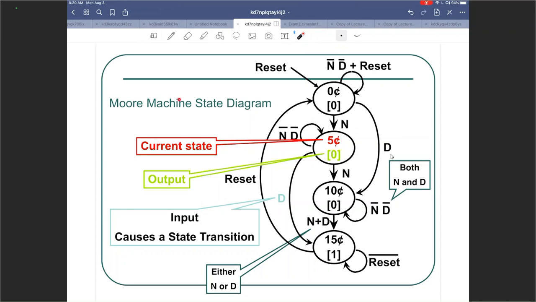So back to the same example here, we are looking at the state diagram, which is essentially the first step of our design process. So we take the statements of whatever machine we are trying to design, then by evaluating the statements carefully, we come up with a set of assumptions that we would need to make.